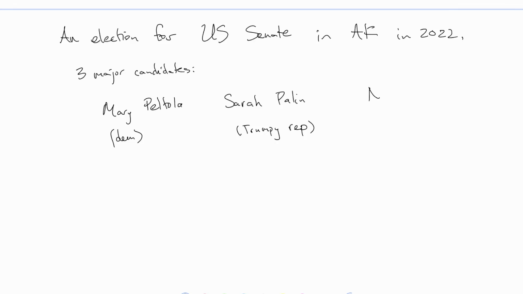And then there was this other guy, Nick Begich, and he is, I would say, a non-Trumpy Republican. He's more of an old school sort of conservative, not an old person, but old school, non-Trumpy Republican.